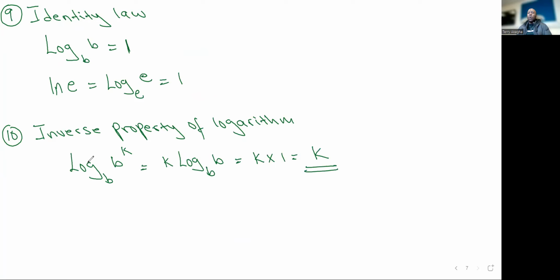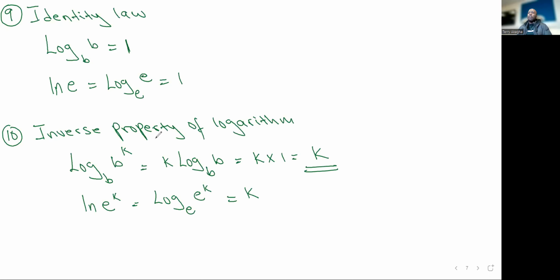So when the logarithm is the same thing as the base, but the logarithm value has a power, the final answer is going to be the power. We can also say the same thing when ln of exponential raised to power k, which is the same thing as saying log base e of e to the power k, the answer is going to give you k. Is that okay?